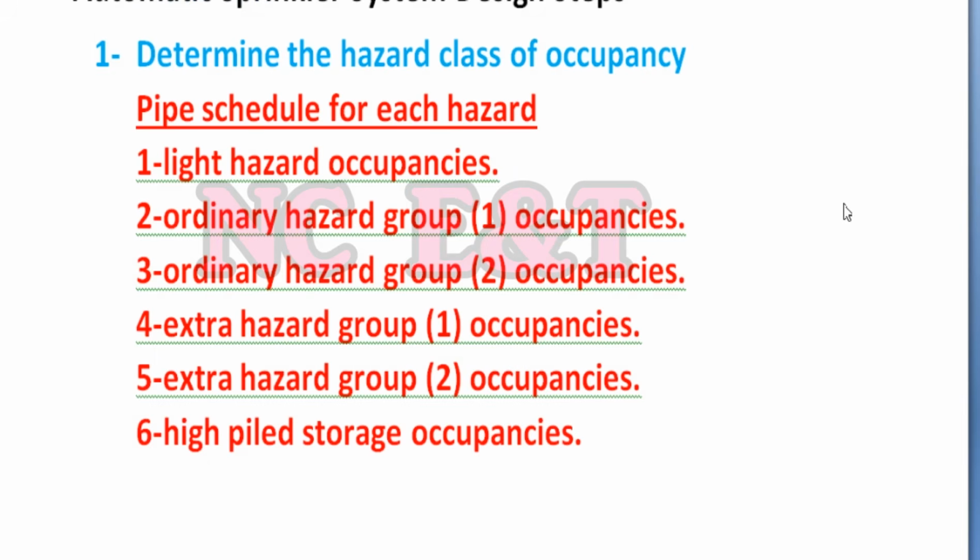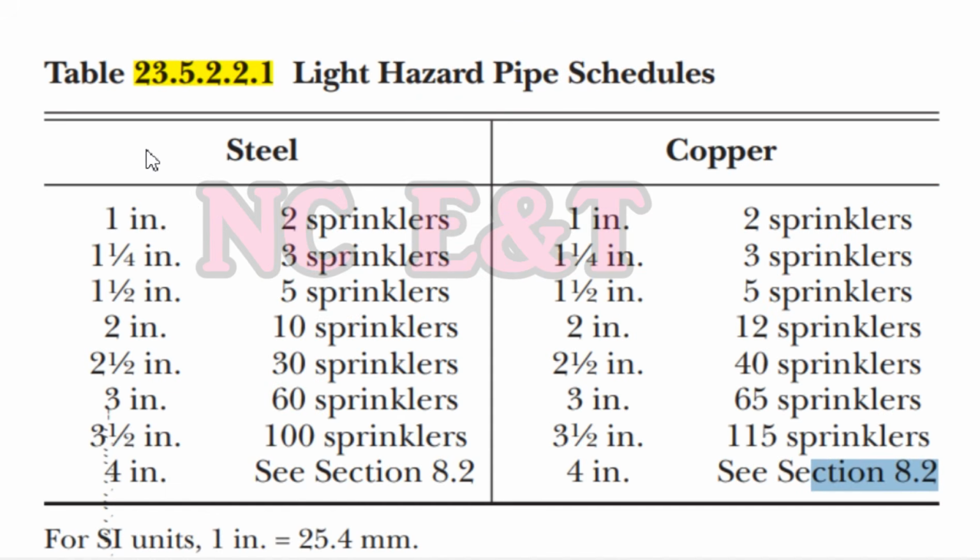So for designing by pipe schedule method, first we need to determine the hazard class of the occupancy, and there are different tables for different classes from NFPA 13, which is applicable to us. We have to use this table from NFPA 13. It is for light hazard pipe schedule.